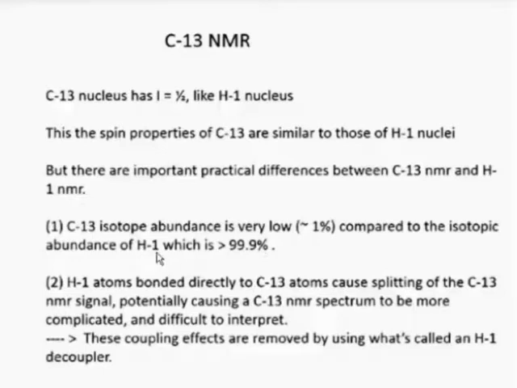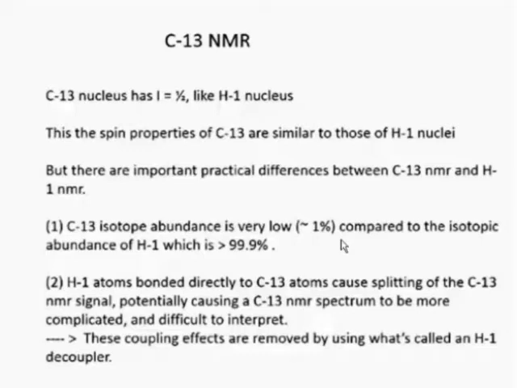In contrast, the percent abundance of C13 is very low, only 1%. That means that only 1 out of every 100 carbon atoms in an organic molecule is C13. 99 out of 100 are C12.